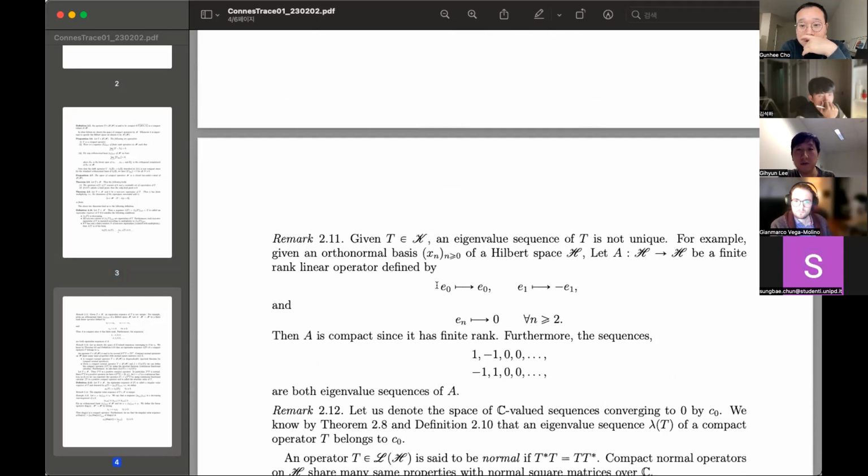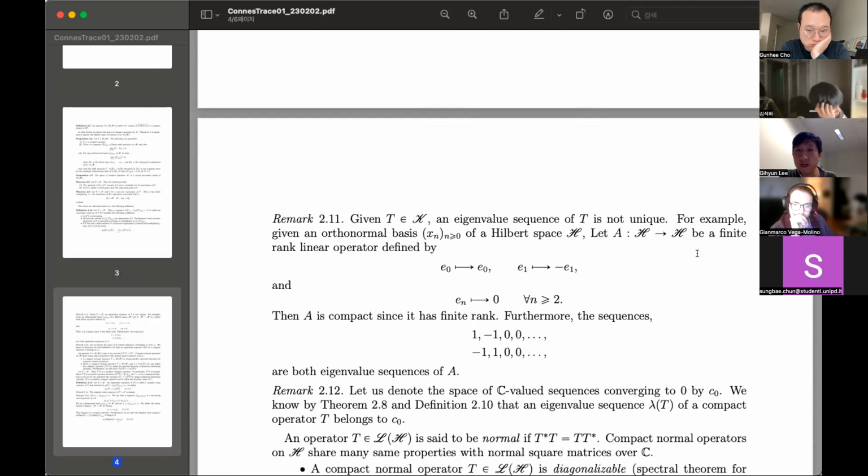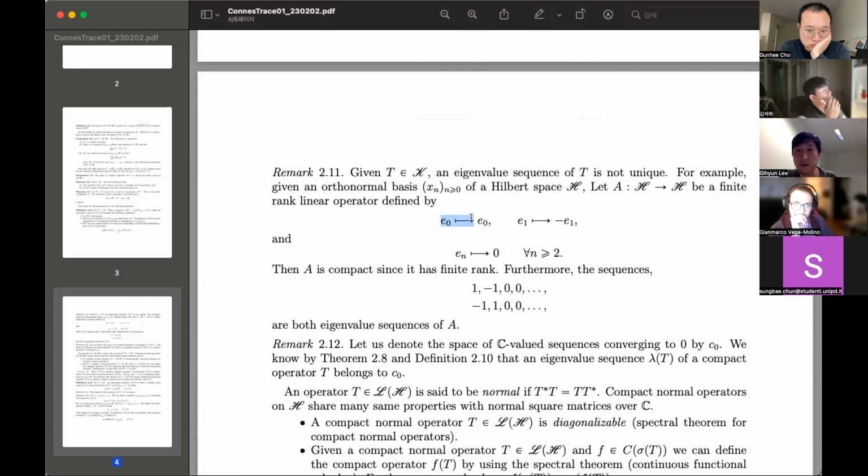Here is a simple example of two eigenvalue sequences corresponding to a given compact operator. Consider the finite rank linear operator defined like this. Here I think I made a mistake: this x_n should be replaced by e_n. Sorry about that. But anyway, this is given an orthonormal basis of a Hilbert space.